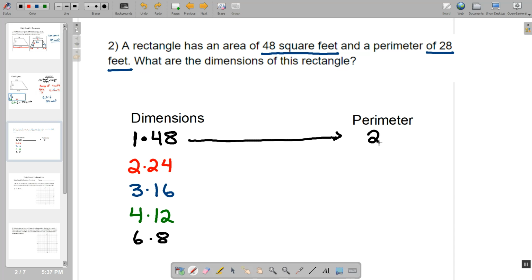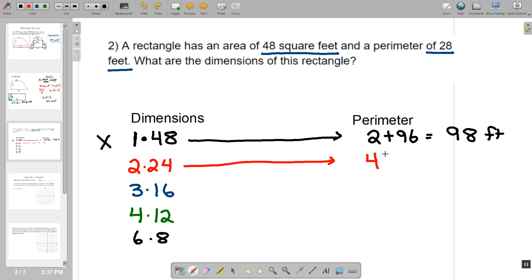So I'm going to get 2 plus 96. 1 times 2, 48 times 2. Gives me a total of 98 regular feet for the perimeter. So this one, not correct. 2 times 24, I'm going to do 4 plus 48, which gives me 52 regular feet.